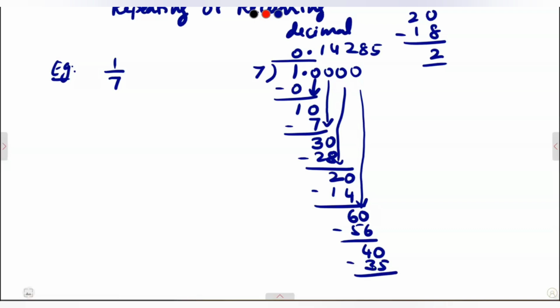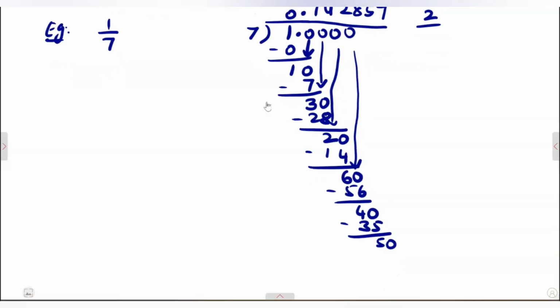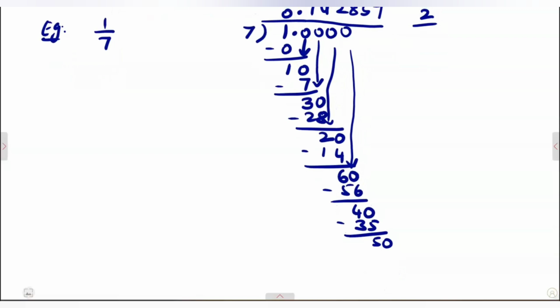Again continue. 5 is the remainder and drop one more 0. 7 sevens are 49. So let's continue. 7 sevens are 49. Right, next 1 is the remainder.